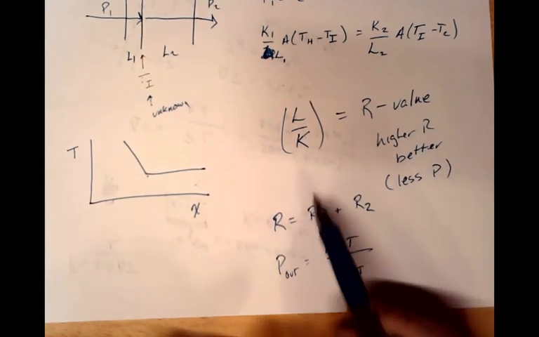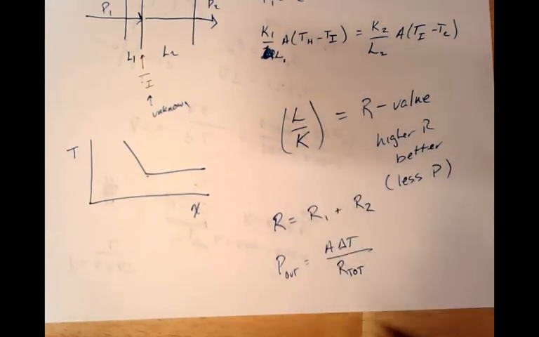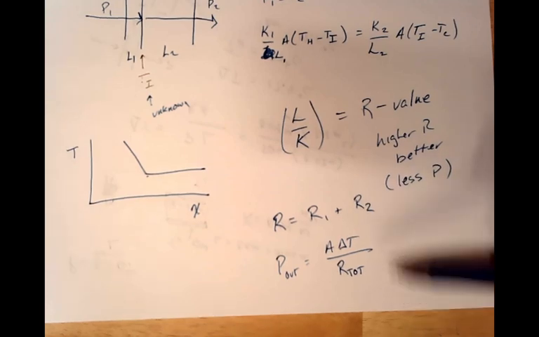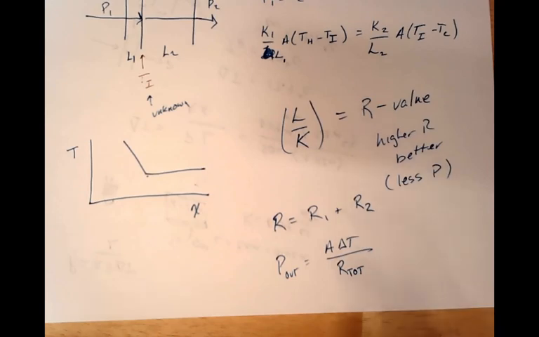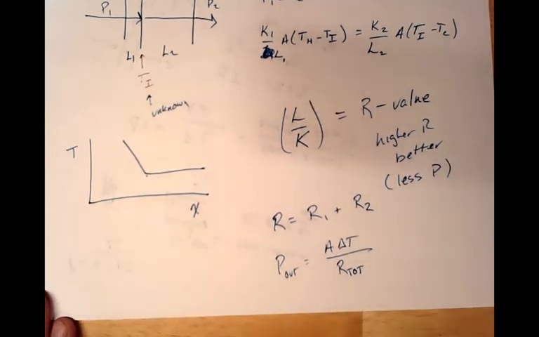Right? And that'll be L1 over K1 plus L2 over K2, and that becomes a really weird one over fraction, but this is a nice way if you're designing something like insulating a house and you're just like, well, I need to minimize this number, then I want to maximize my R value. So it means you buy thicker insulation or you buy better insulation, a lower conductivity, something like that.